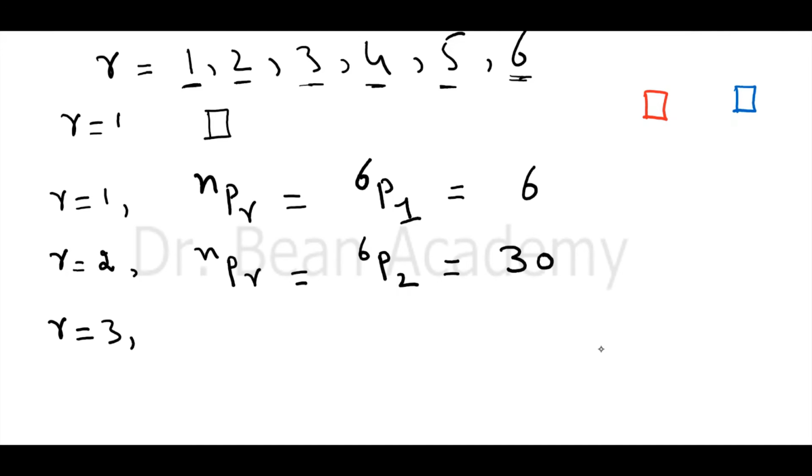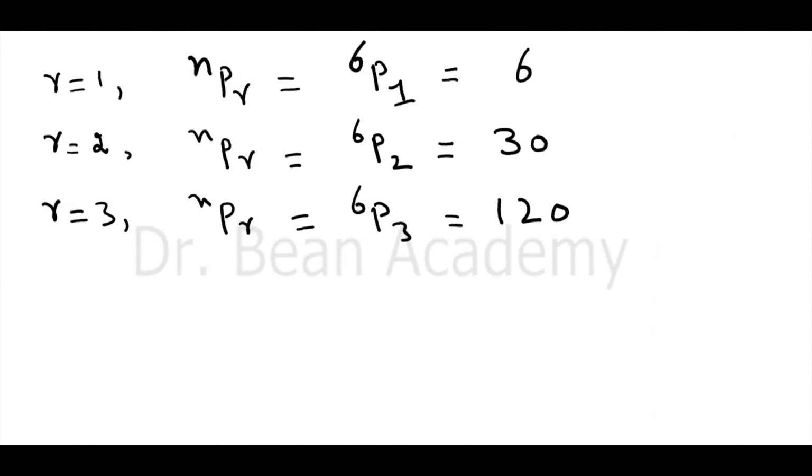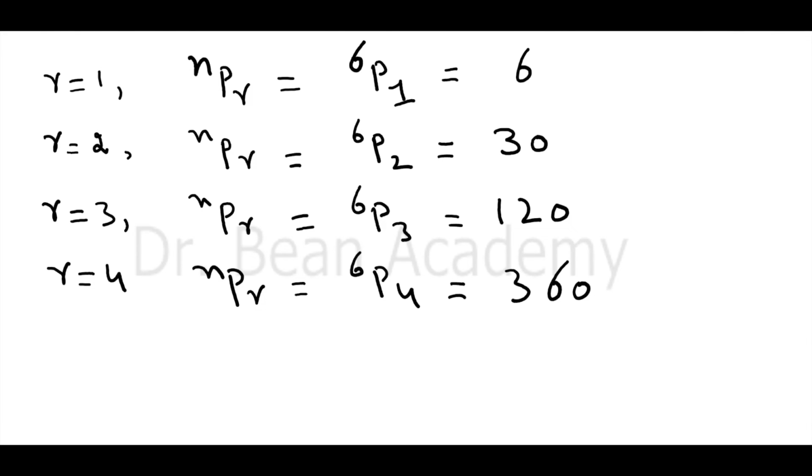So when R is equal to 3, the formula is still NPR, so 6P3, and let me see what my calculator tells me. 6P3 equals 120, okay. And when R equals 4, the total number of permutations, 6P4, is 360.